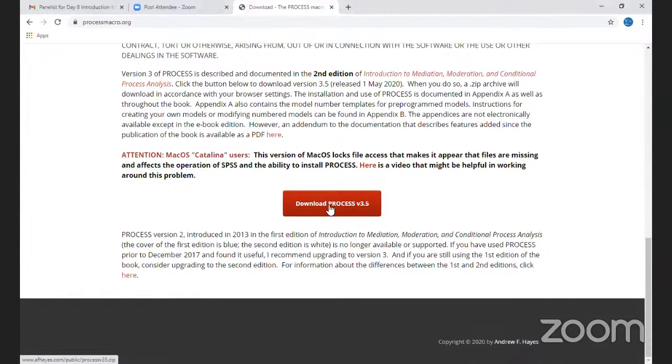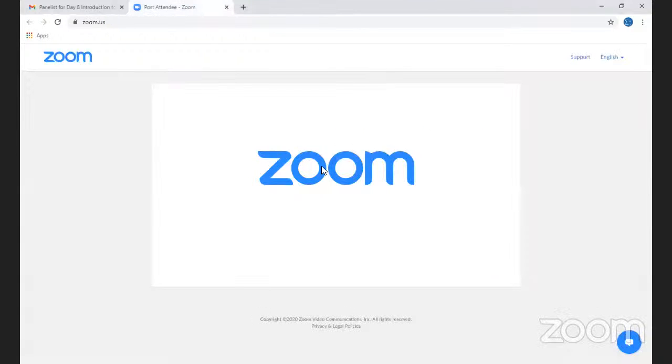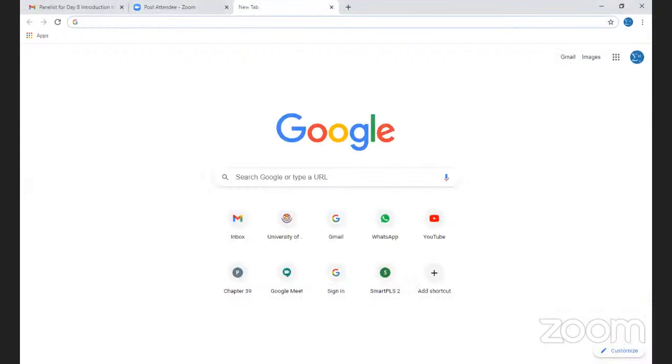After downloading we will get one zip folder, and from this folder we will select the file.